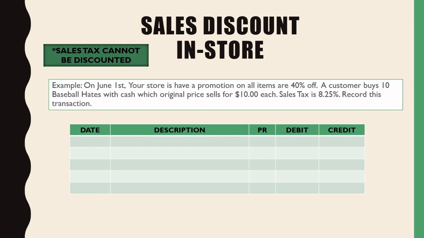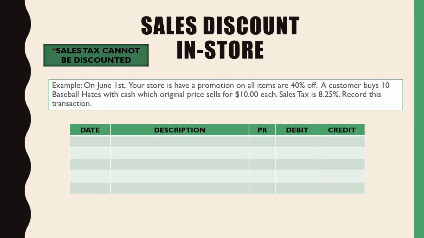But first, we're going to look at our in-store sales. Okay. So the first example is on June 1st. Your store is having a promotion where all items are 40% off.